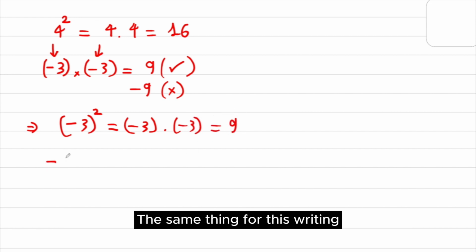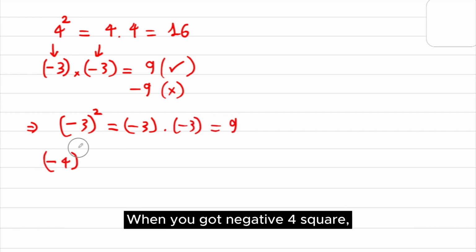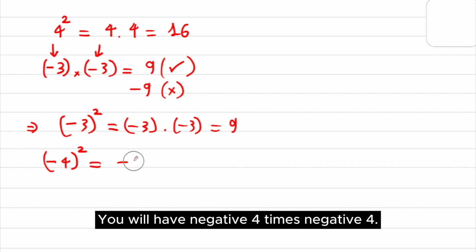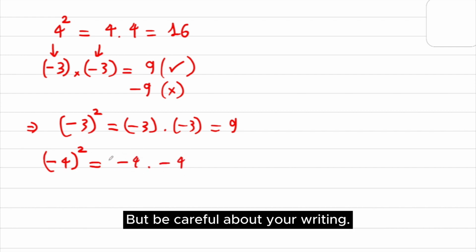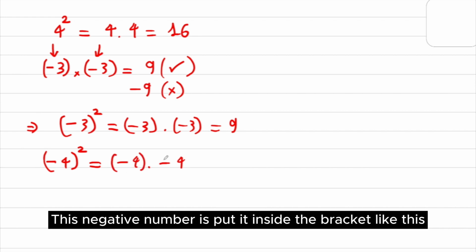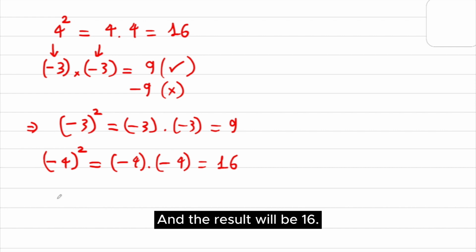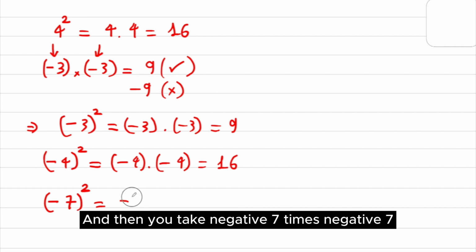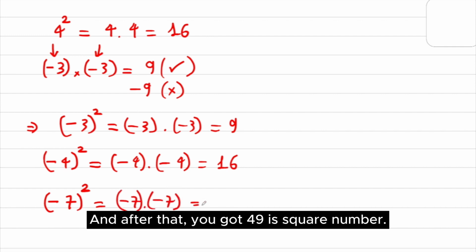The same thing applies here: negative 4 square is negative 4 times negative 4, but be careful about your writing, putting the negative number inside the bracket, and the result will be 16. Another example: negative 7 square is negative 7 times negative 7, and you get 49, the square number.